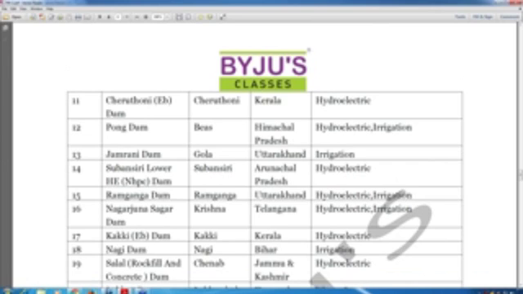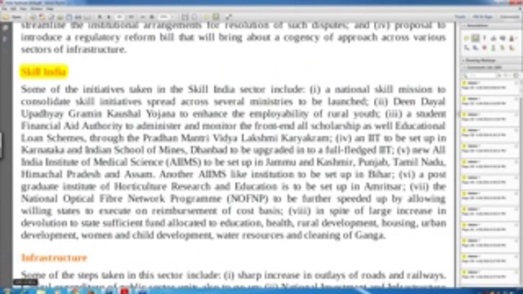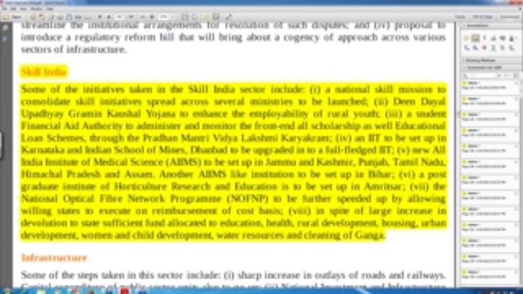Oh, I'm sorry, this was in the next chapter. So just go back to the book. I'm extremely sorry. Skill India, we have a separate chapter on that, where there is a ministry which is working on skill development. There we will be going in detail, so I avoid it here because it will be repetition. And there questions are coming from the book, so just read this entire paragraph once, but actual questions about Skill India come from the other chapter where we will be dealing with skill development, right?